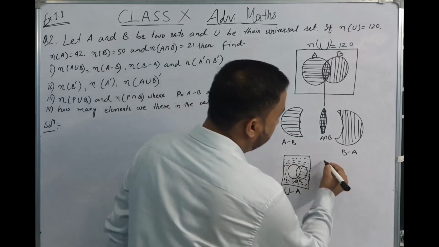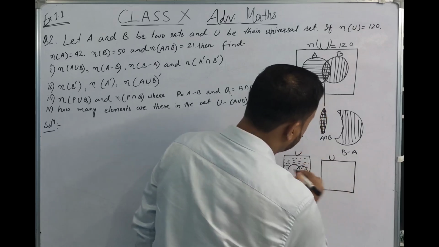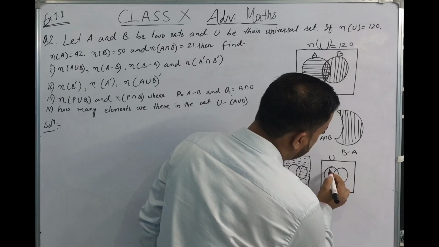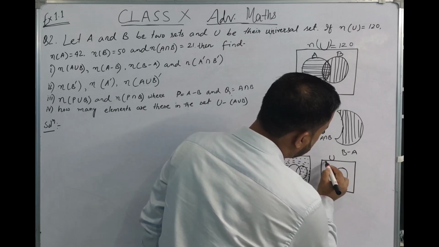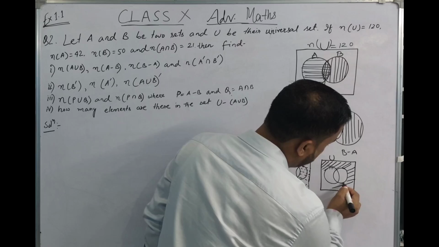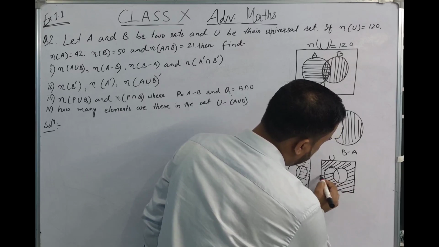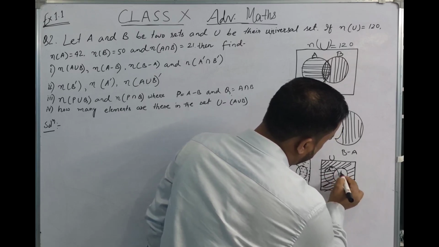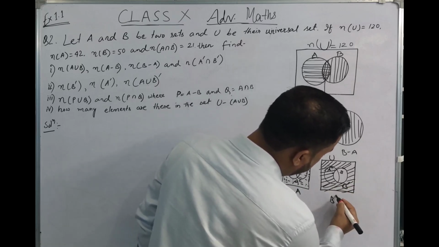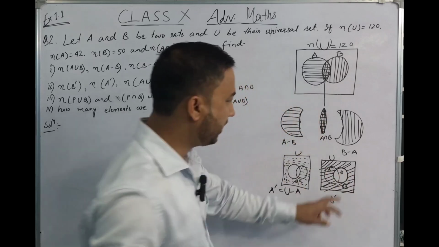And if we take B complement, what will be the B complement? This is U, this is A, and this is B. Here this shaded part is B complement.